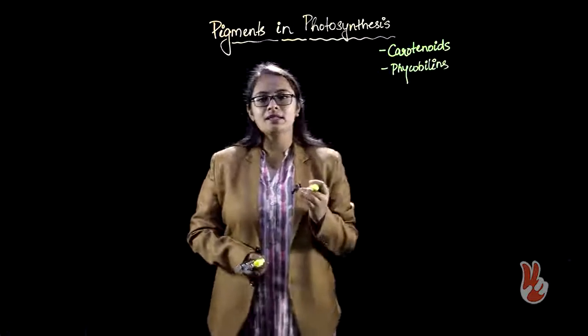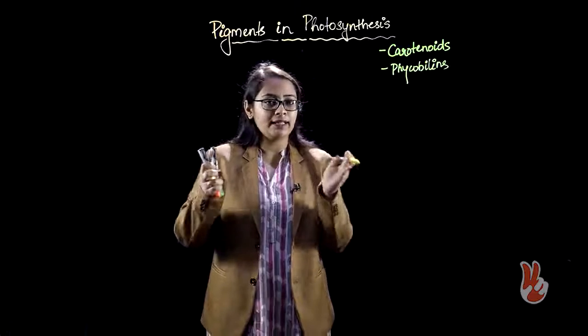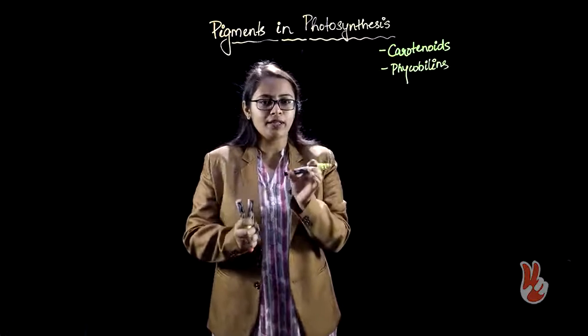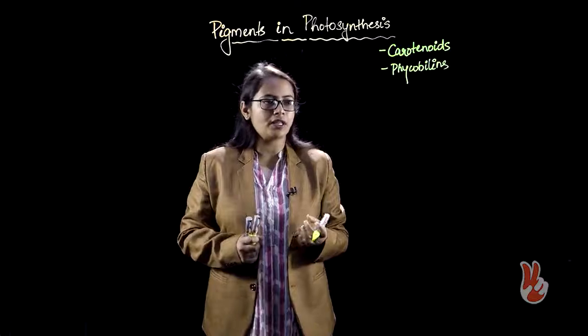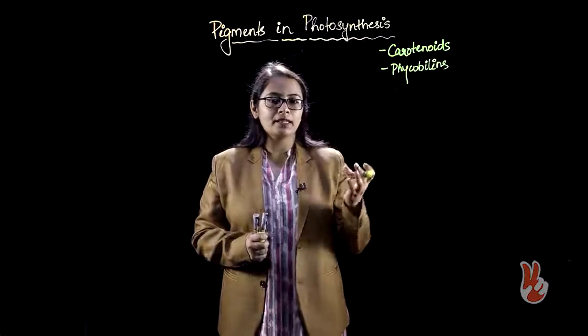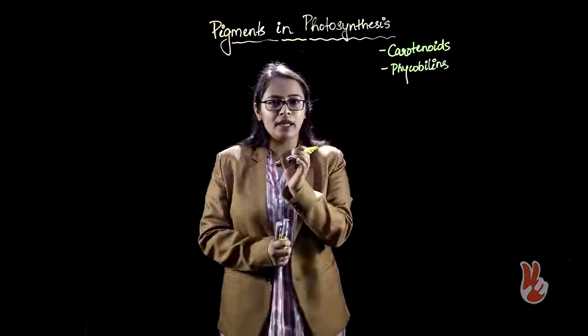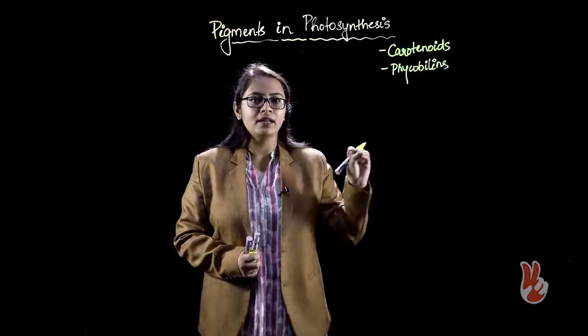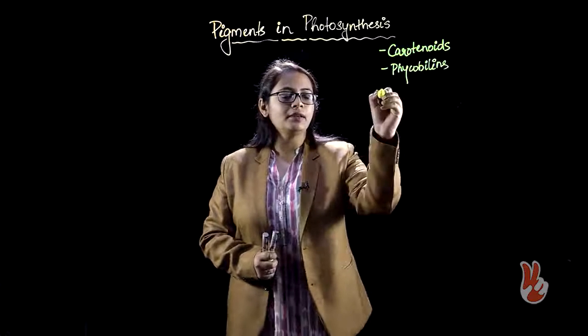What these two pigments do is that they absorb energy in that range where the chlorophyll does not absorb strongly. So they absorb the solar energy and transfer it to the chlorophyll A molecules present in the reaction center.